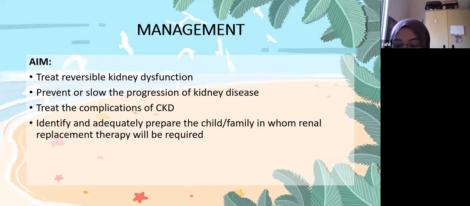Then lastly, we move on to the management. The aim of management in children with chronic kidney disease is to treat the reversible kidney dysfunction, prevent or slow the progression of the kidney disease, treat the complications, and identify and prepare the children and family for when renal replacement therapy will be required.